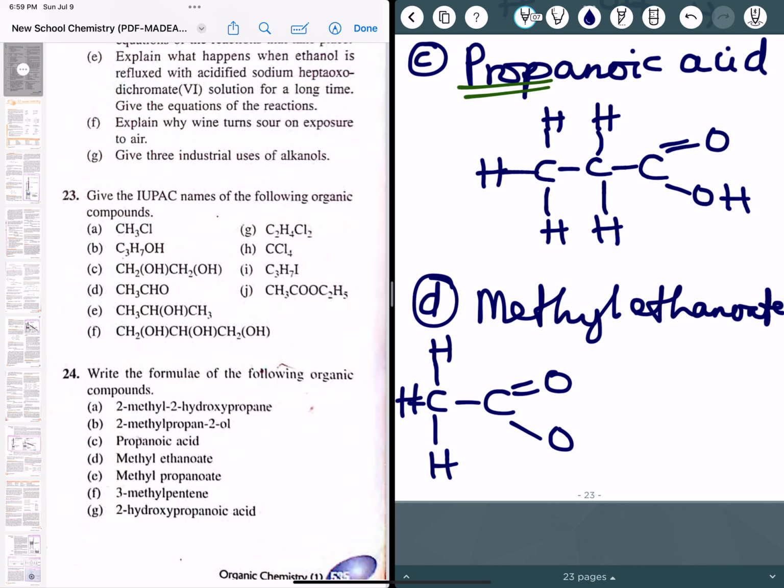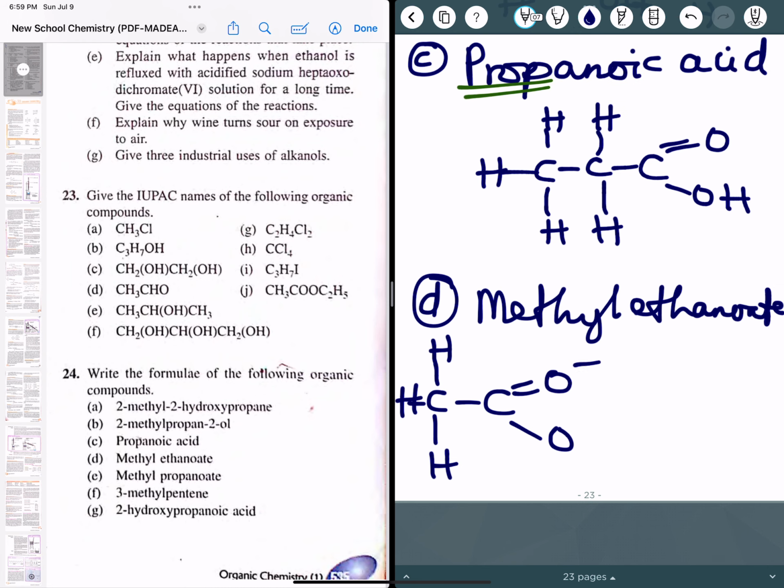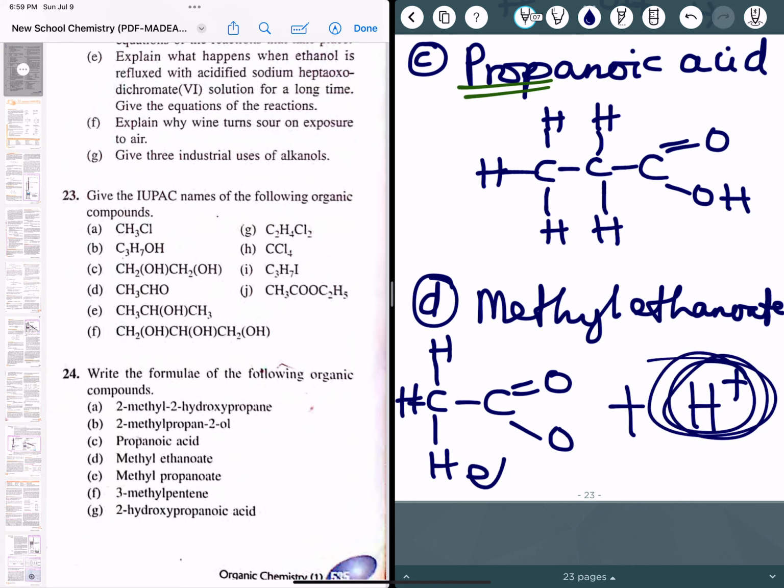You understand? Ethanoic acid ionizes to give this negatively charged ion and H+. Originally, this is ethanoic acid. But when it dissociates in solution to release the hydrogen ion as the only positive ion, being the behavior of an acid, it produces the ethanoate ion.